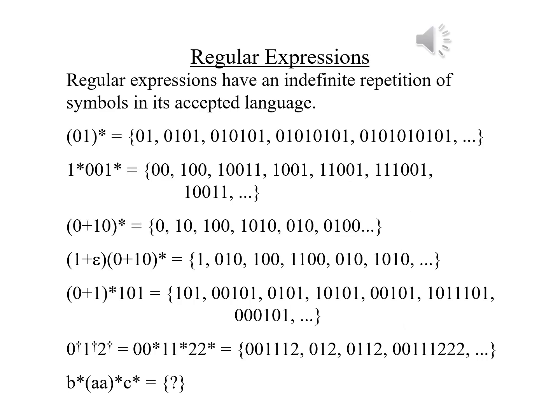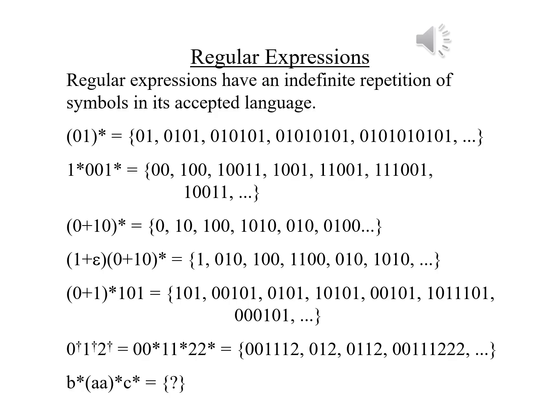Regular expressions will have an indefinite repetition of symbols in its accepted language. When we use the asterisk, as you see here, that means that whatever is before it, whether it's something in parentheses or an individual character, may appear 0 or more times within the string.